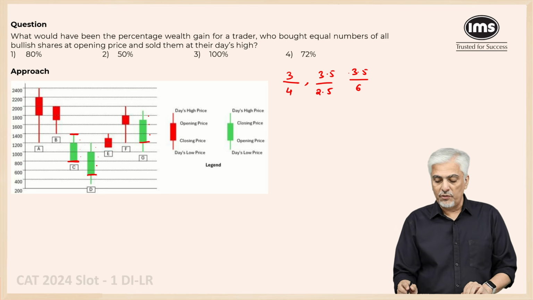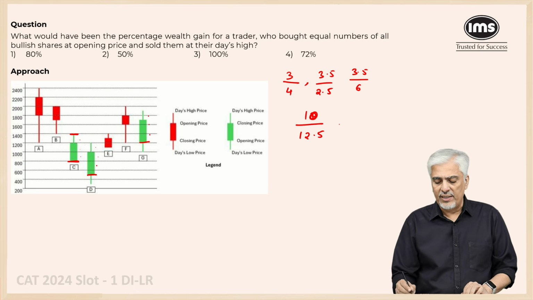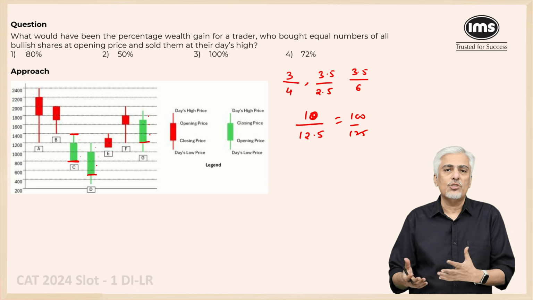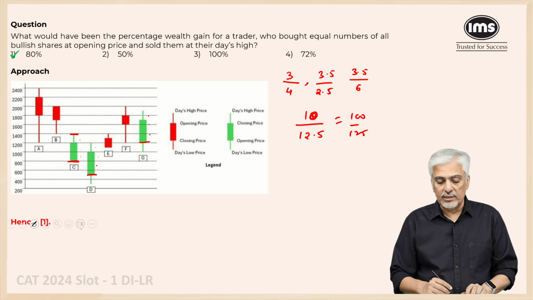So my total profit will be 3.5 plus 3.5 plus 3, which is 10. 10 divided by 12.5, which is 100 upon 125, which you should know is 80%. You can solve it further and check also into 100. Answer is 80%, which is the first option.